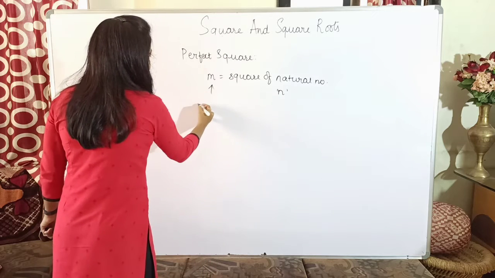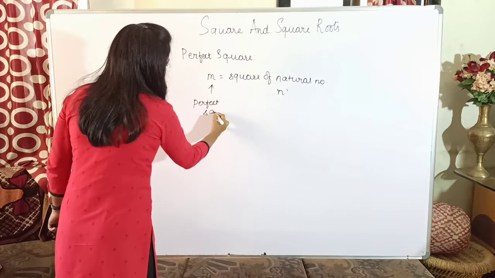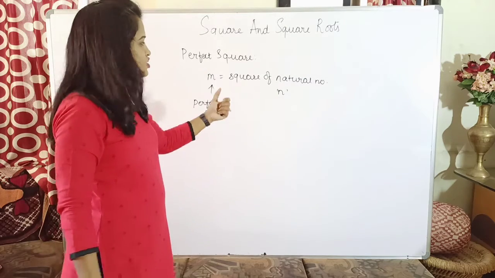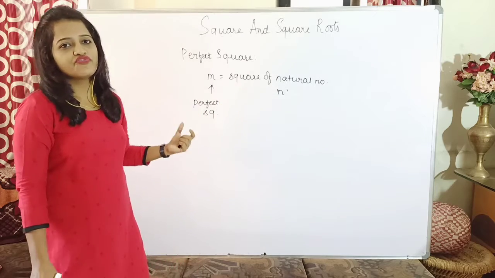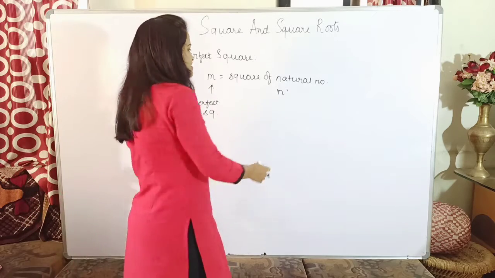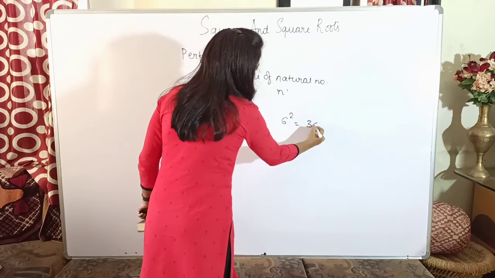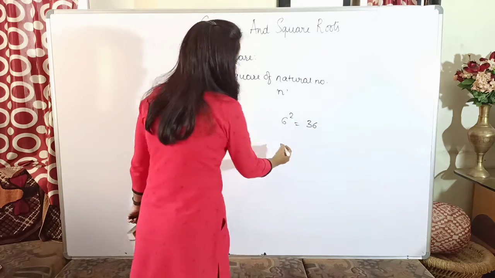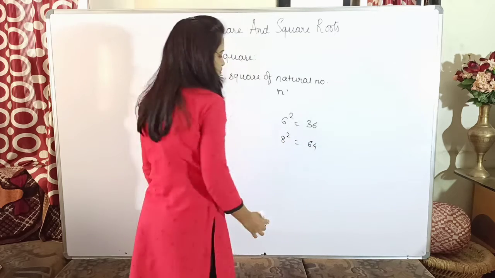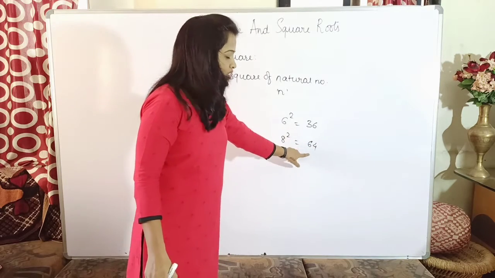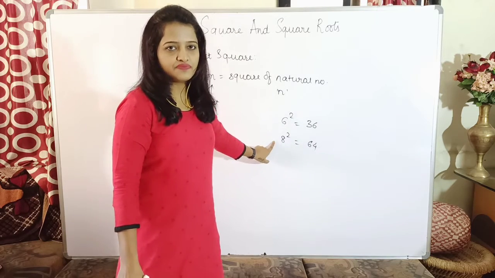Then m is called a perfect square. Meaning, the square of any natural number is called a perfect square. For example, let us take the value of n as 6. What is the square of 6? It is 36. So 36 is a perfect square. Similarly, let us take 8. Square of 8 is 64. So 64 is a perfect square. So perfect squares are such numbers which are squares of the natural numbers.